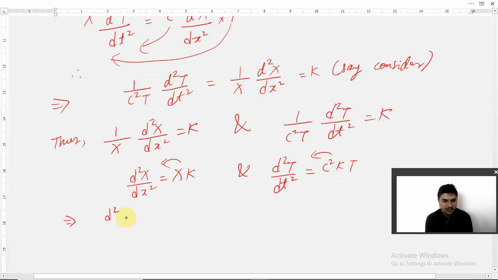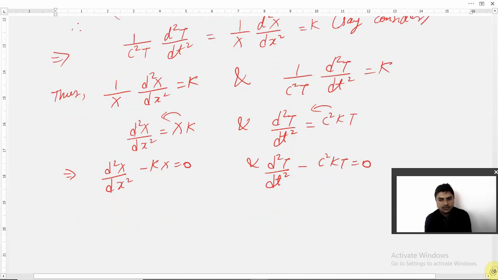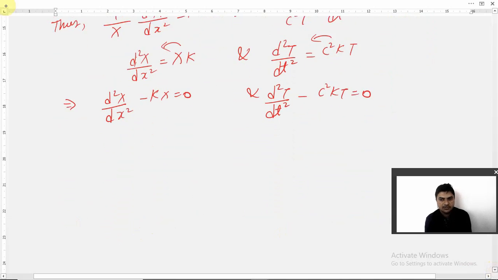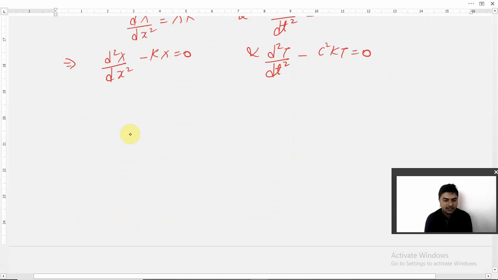It is d²X/dx² minus kX is equal to 0. Similarly, d²T/dt² minus c²kT is equal to 0. We always equate it to 0 so that simplification will become very easy, students. Okay, now this is the equation we get.